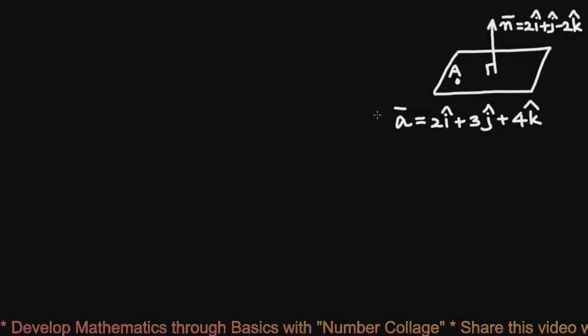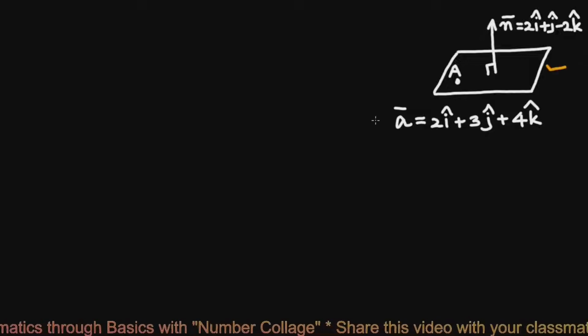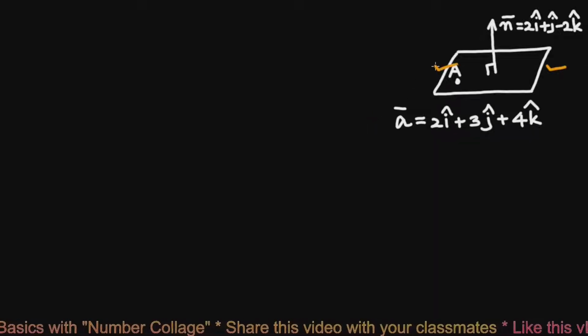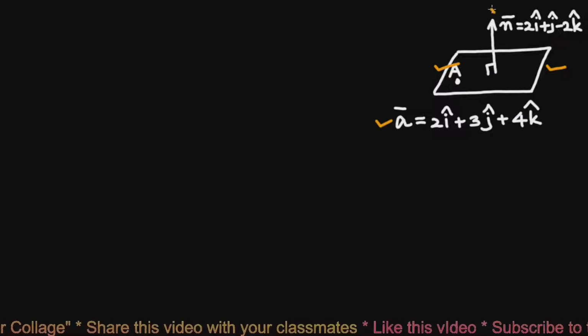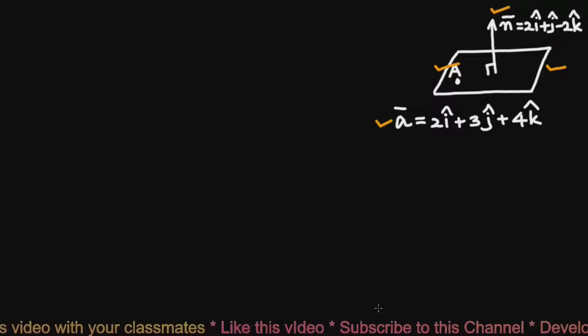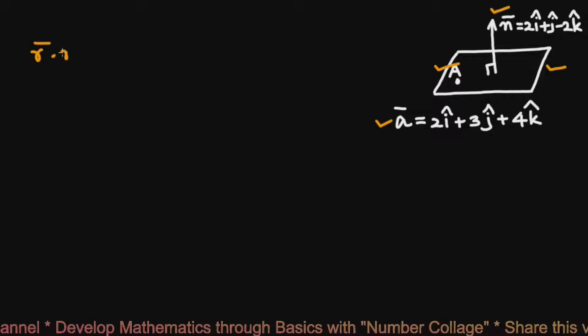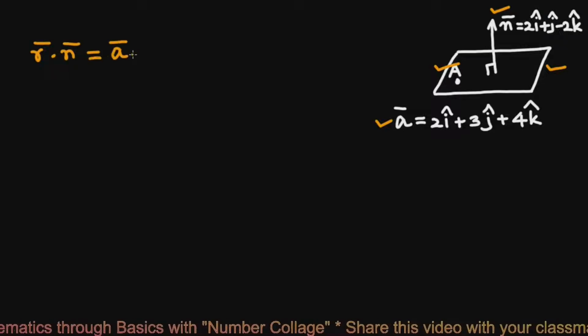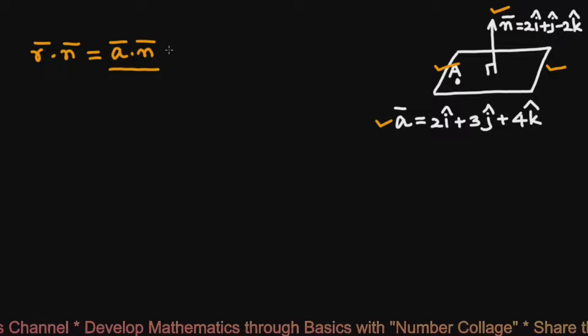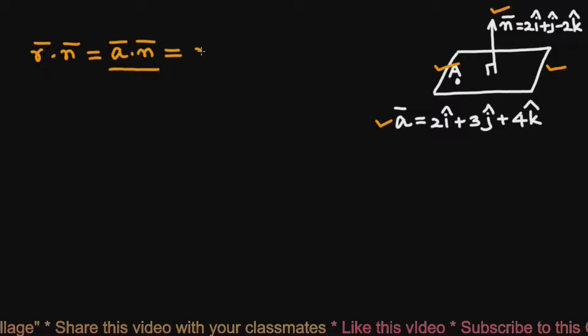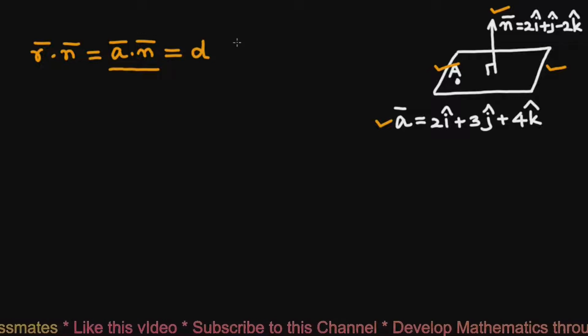We know the vector equation of a plane which passes through point A with position vector a bar and is normal to vector n bar is r bar dot n bar equals a bar dot n bar, where this a bar dot n bar is the distance d of the plane from origin.